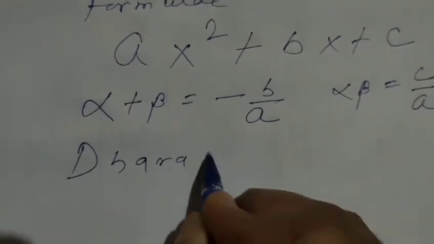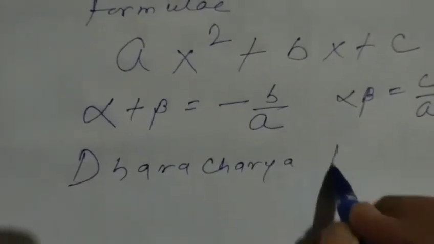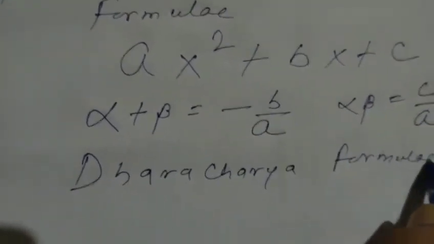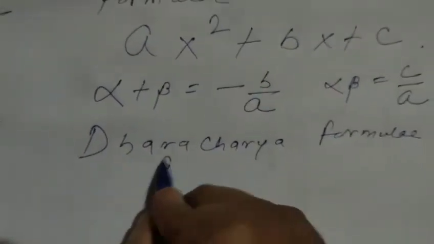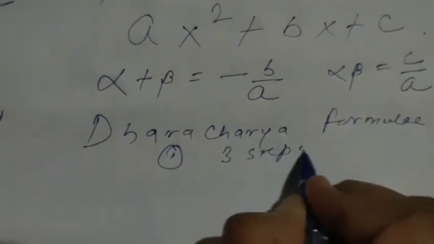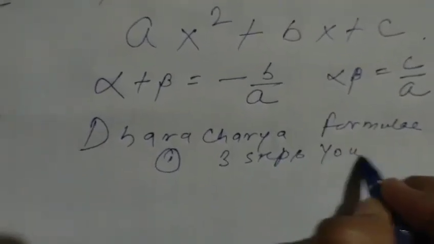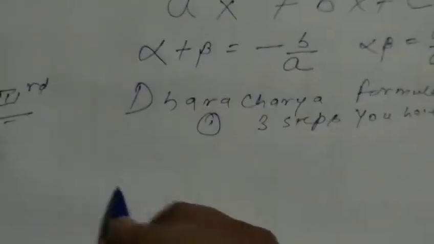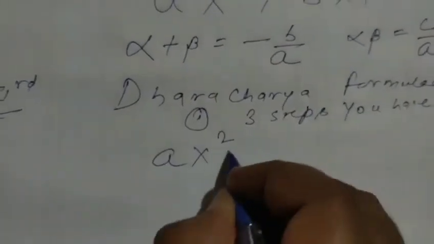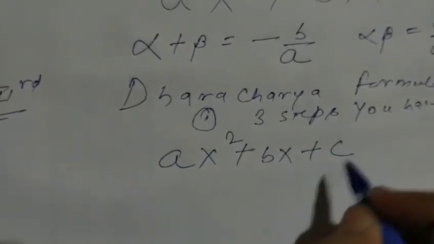What is the Dharacharya formula? You have to follow 3 steps. One, the equation is ax square plus bx plus c.